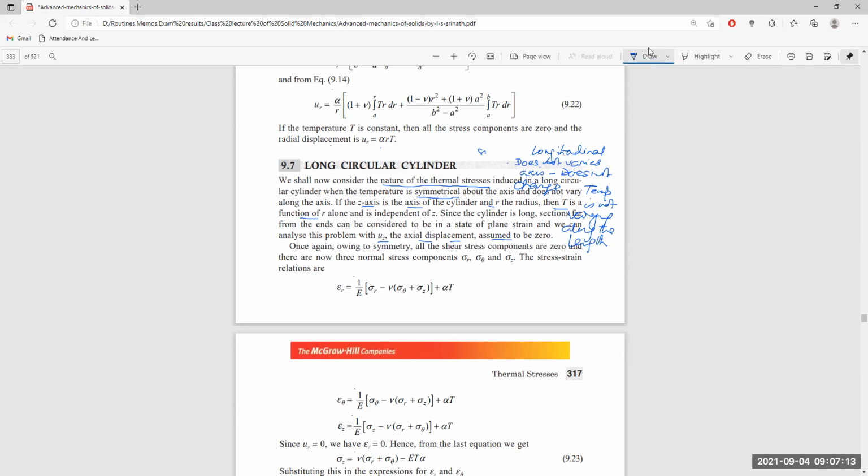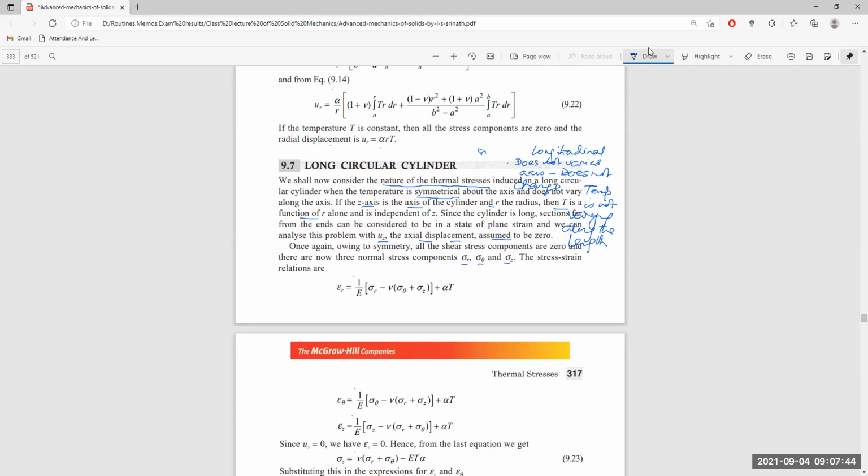Owing to symmetry, all the shear stress components are 0. There is no angular twisting or torque along the cylinder, and only three normal stresses exist: sigma r, stress along the radius; sigma theta, stress along the circumference; and sigma z, stress along the longitudinal axis.